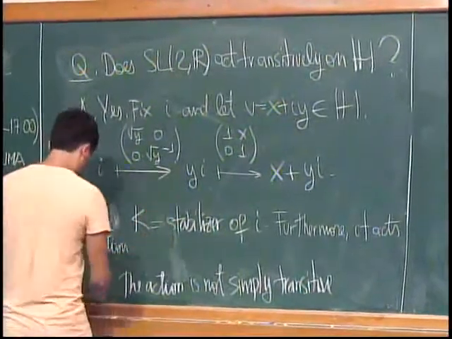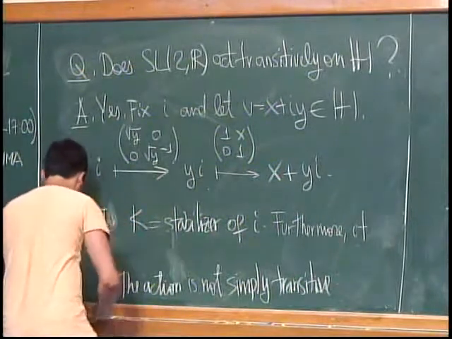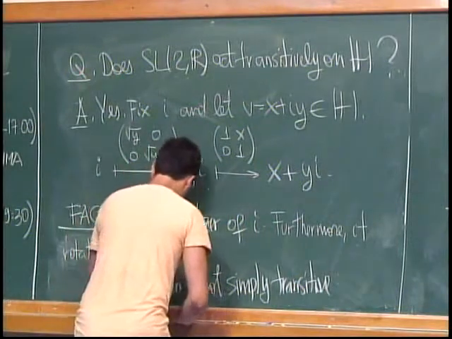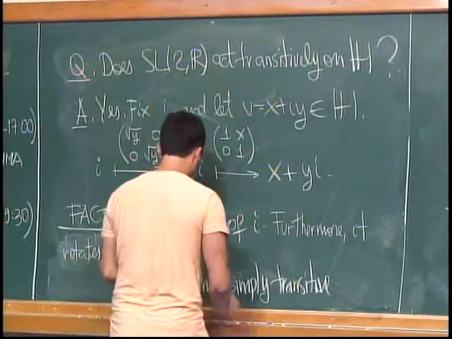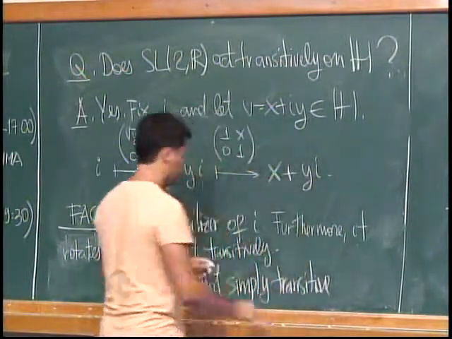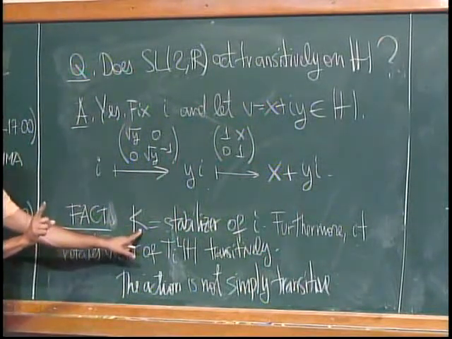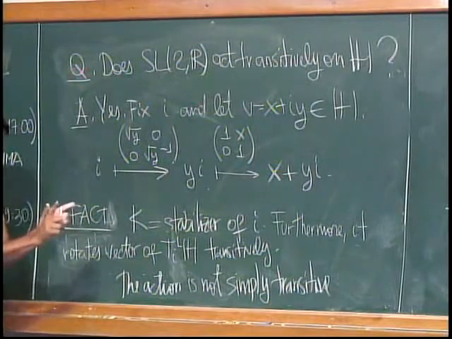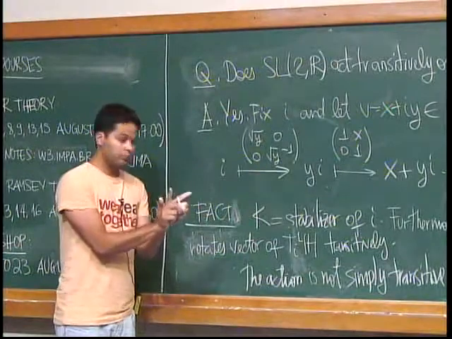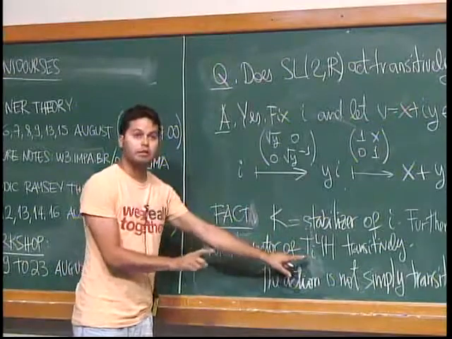But it rotates vectors of the tangent space at I, and it does that transitively. In the sense that if you give me two vectors, both tangent to I, I can get you a transformation of the rotation group that sends one vector to the other. The transformation fixes I. So the derivative action of each of these transformations is an action on the tangent space.